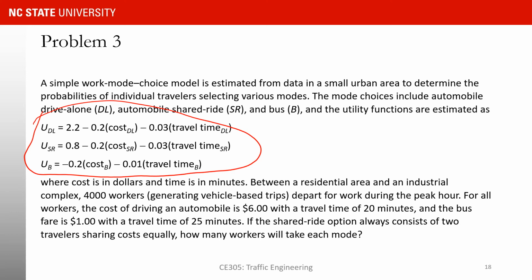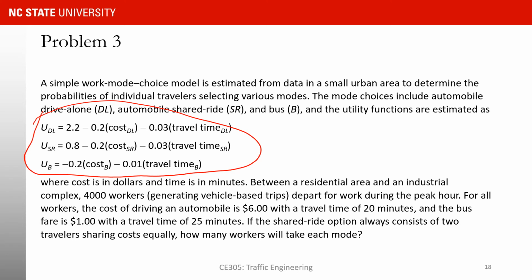Travel time is 20 minutes for car. With the bus, the cost is $1 and travel time is 25 minutes. And for sharing a ride, they just divide the cost, so each of them is going to pay $3 and the travel time is going to be the same, 20 minutes. What is the probability of driving alone, sharing your ride, or going with the bus?